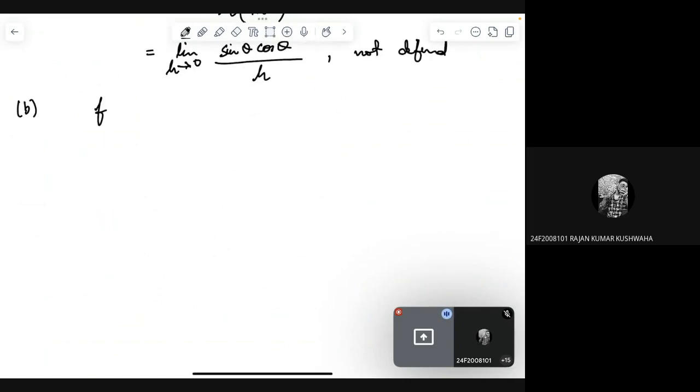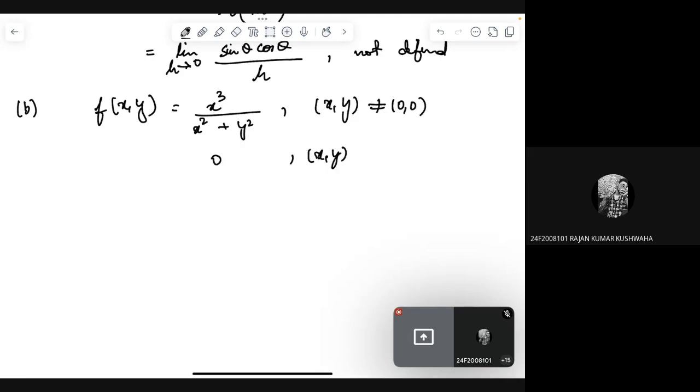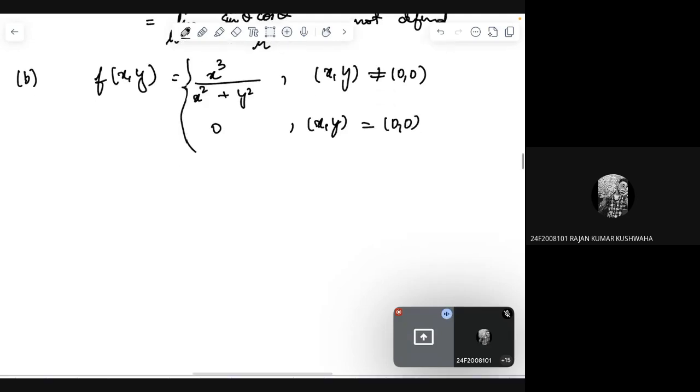Consider this particular function. Now let's take just any random unit vector, you can take any, not just this one.